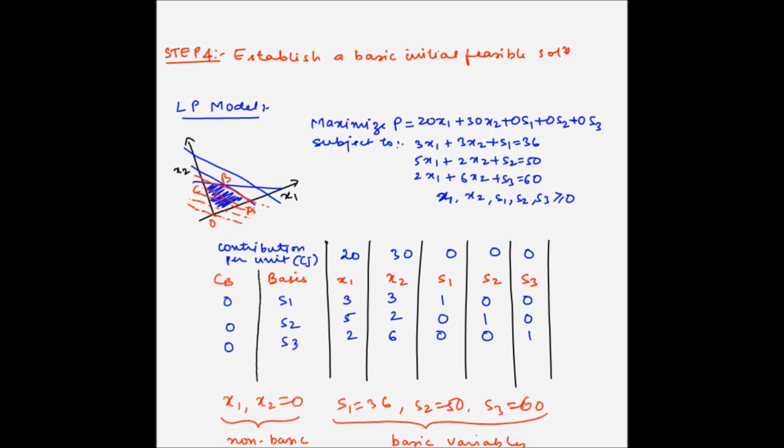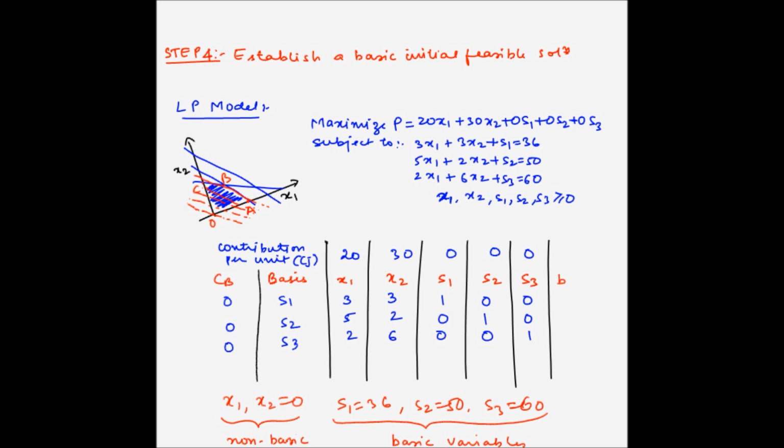Now we need to add another column known as the solution values column and represented by B. Now this column takes the values of the basic variables, that is S1, S2, S3, in the initial basic feasible solution.